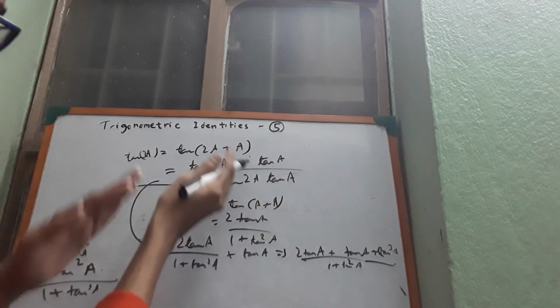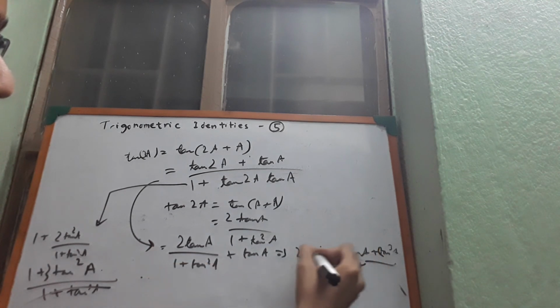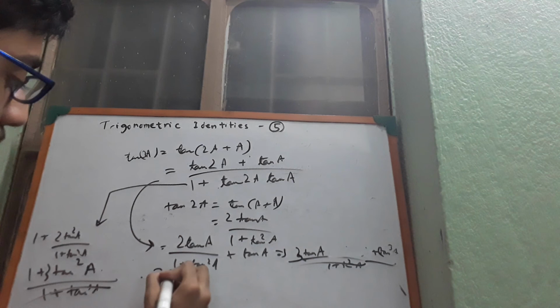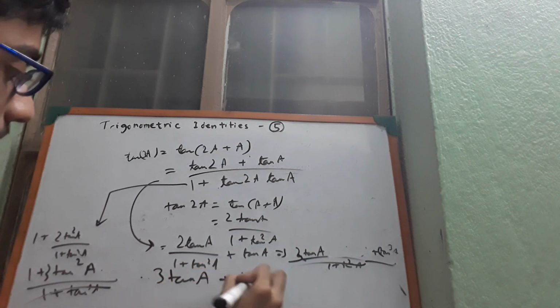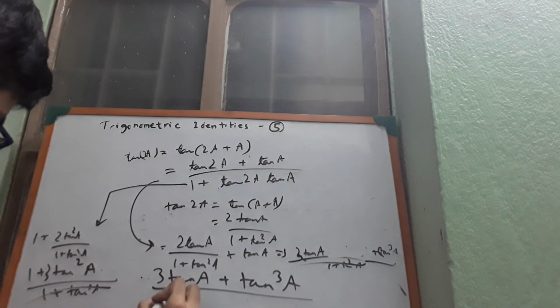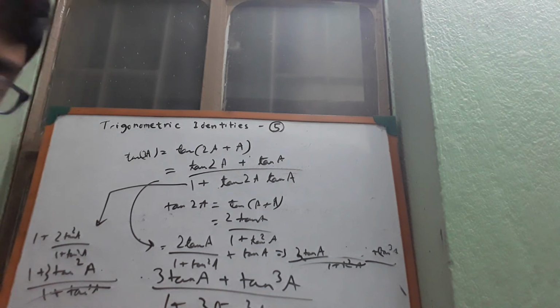Now once you divide these two terms, the 1 plus tan square a will cancel each other out. So all we have is 3 tan a plus tan cube a over 1 plus 3 tan square a. Let's check it out.